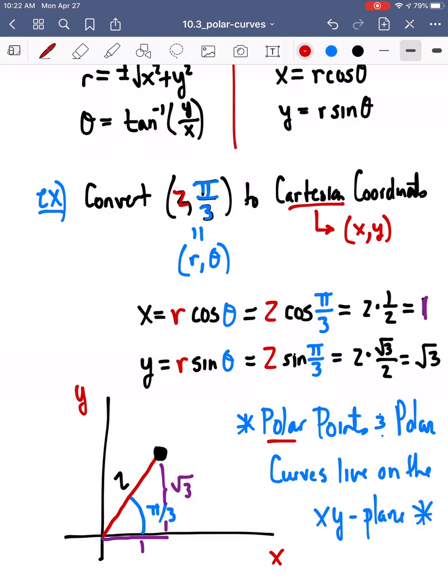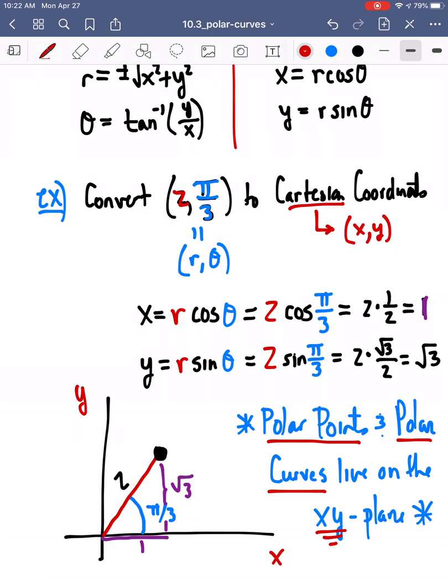So whenever we're dealing with a polar point, or point in polar coordinates, or a polar curve, which we haven't explicitly dove into yet, these always exist on the xy plane. So similar for parametric equations, where for sketching a parametric curve, we're sketching that parametric curve on the xy plane.